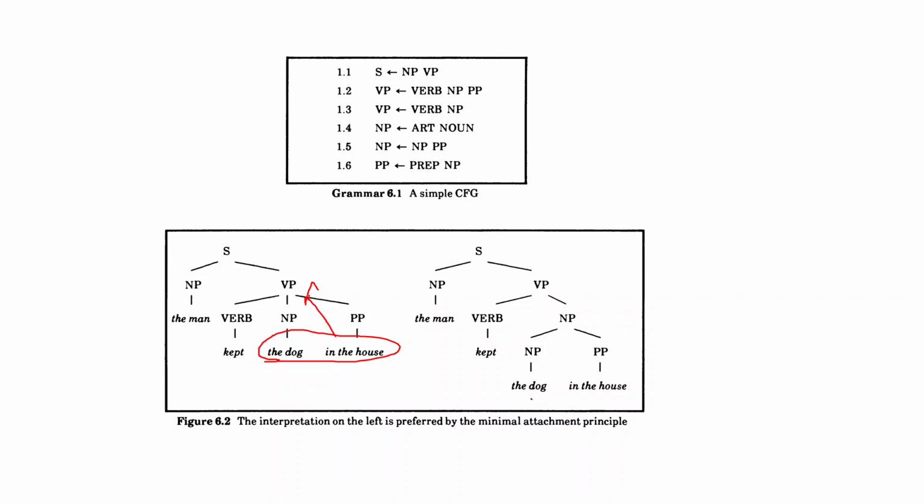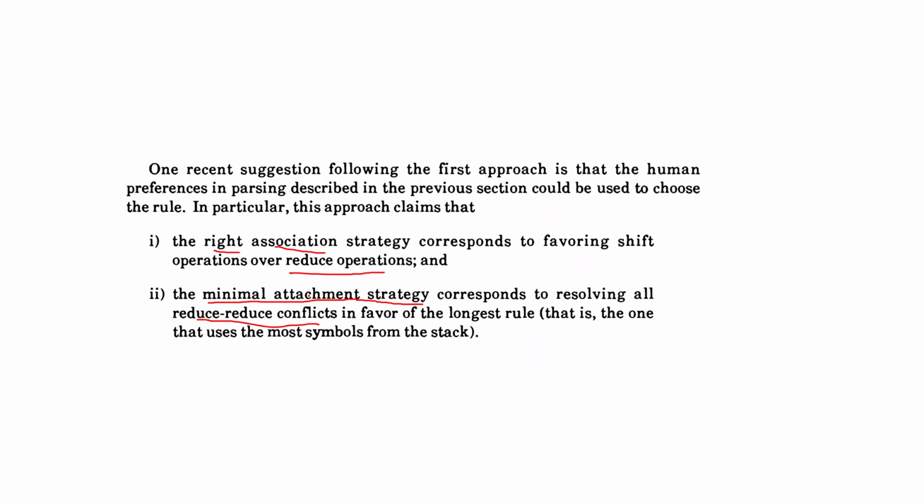That is how you can reduce the number of non-terminals. So minimal attachment prefers the longest rule, where more symbols on the stack are combined in order to reduce to a non-terminal.